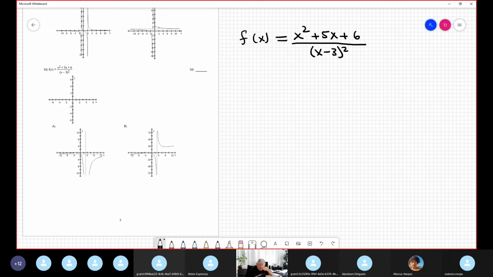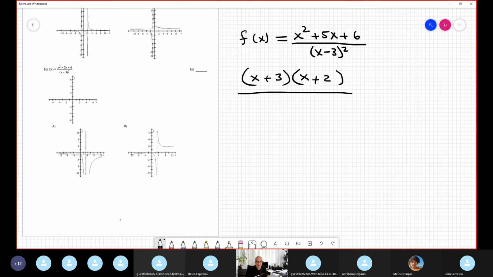Step 1. Factor. In the top, we have a trinomial, and the factorization is x plus 3 and x plus 2.